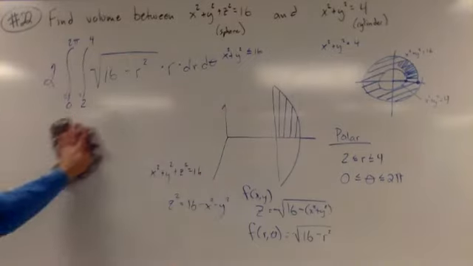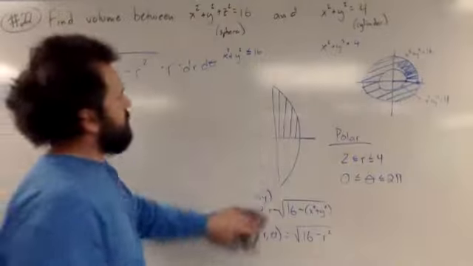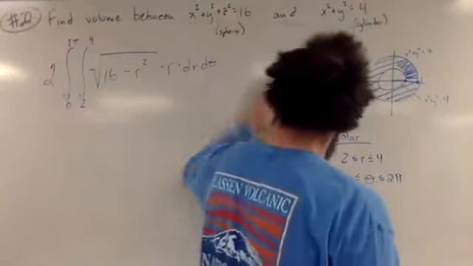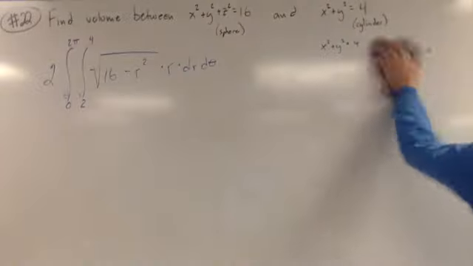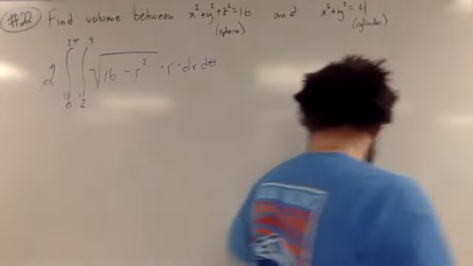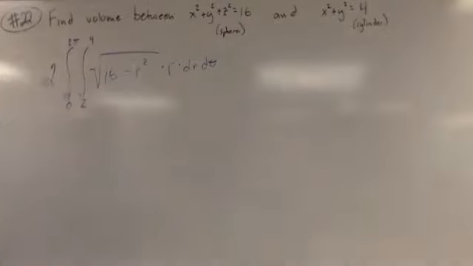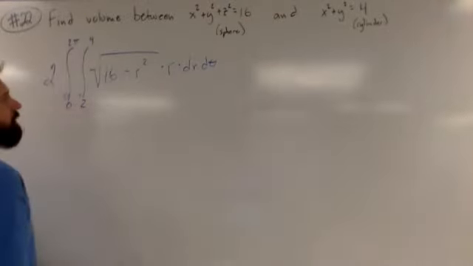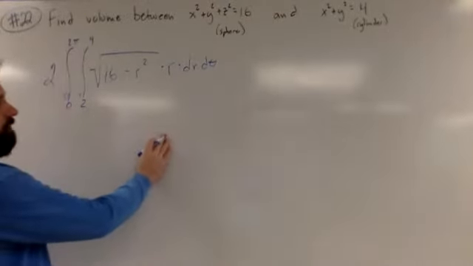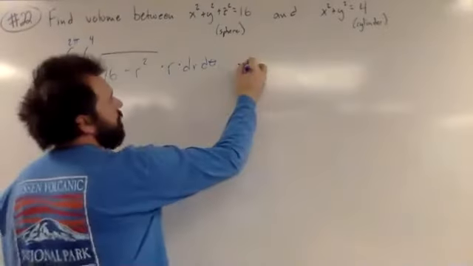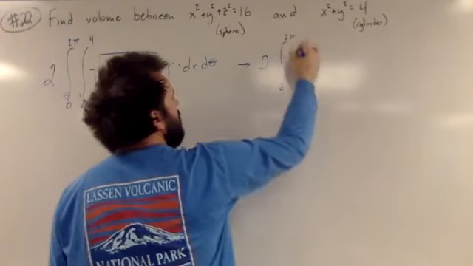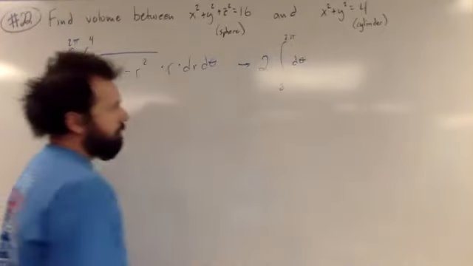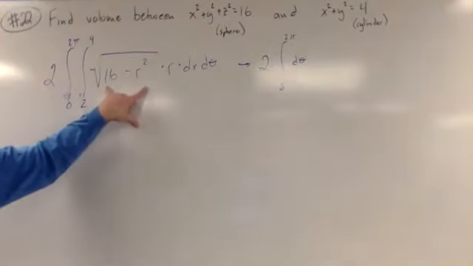Let me clean this up a little bit. Some space to work. Now I'm going to break this apart the same way that I broke up the integral last time. I'm going to write this as 2 times the integral from 0 to 2 pi d theta, because here, this only has r's in it.